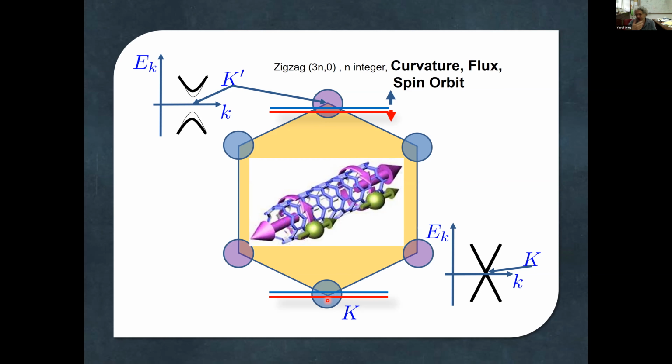The way to remember and think about it is that these K modes describe the quantization around the circumference. They have some angular momentum around the circumference. So this spin-orbit coupling is like L dot S, where L is the orbital angular momentum due to the motion around the circumference of the nanotube.